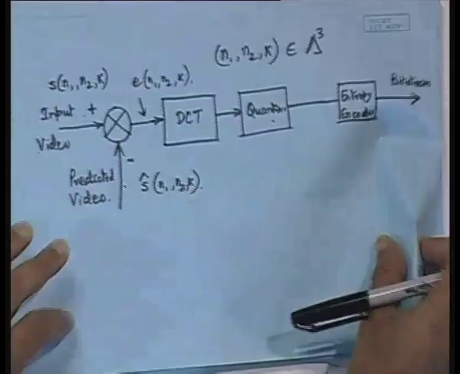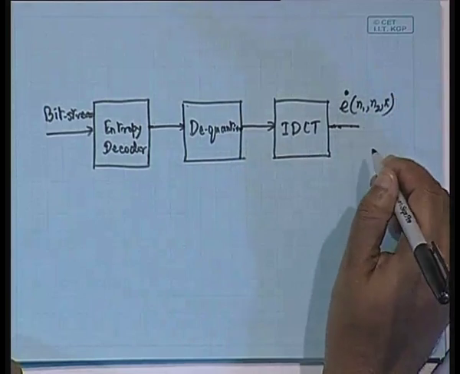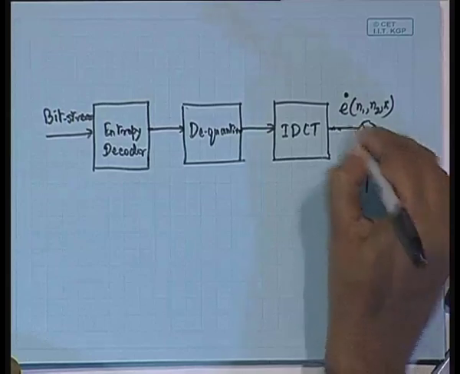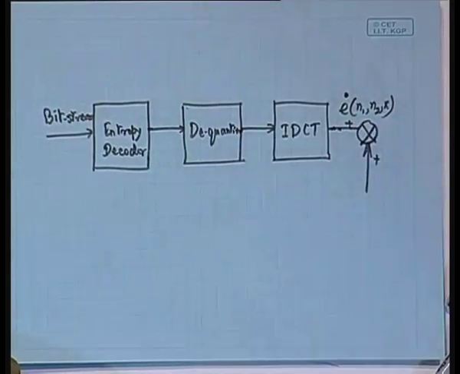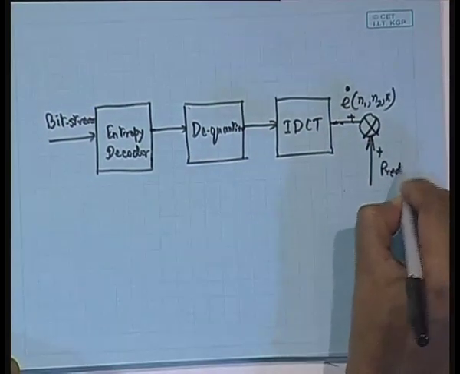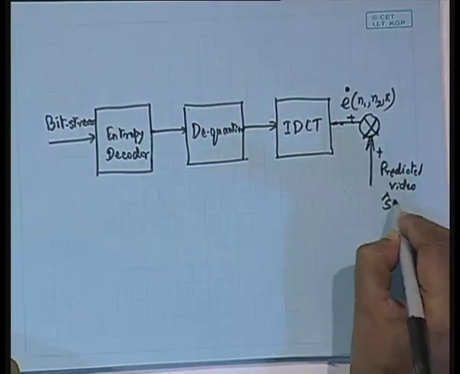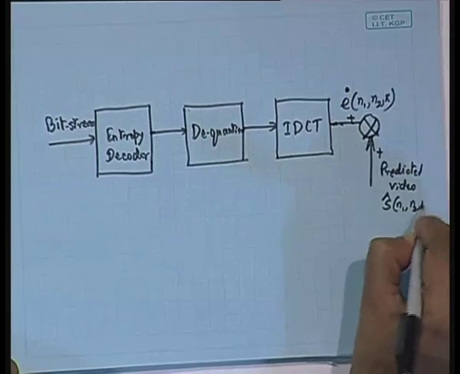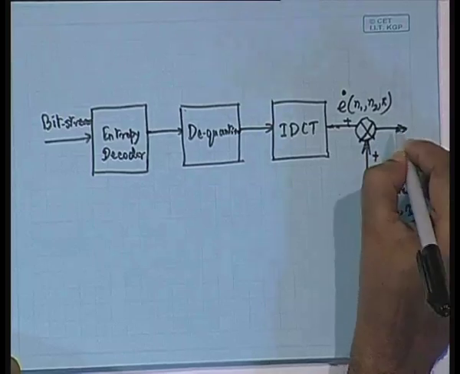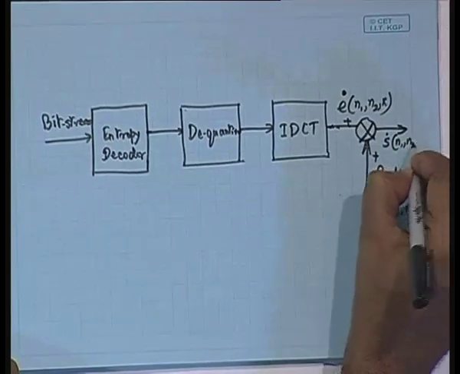Why? Because of the quantizer at the encoder. So, we have got E dot of n1, n2, k, and if we have a block where we sum up E dot of n1, n2, k with the predicted video, that is S cap of n1, n2, k, what are we going to get? We are going to get the reconstructed video, which we will write as S dot of n1, n2, k.